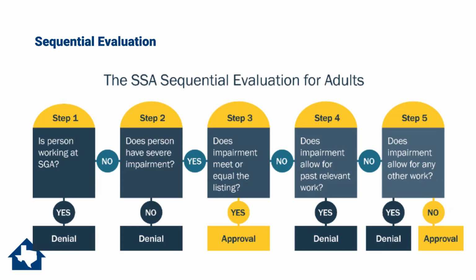If it's yes, it will be denied because I can go back to work, typically from their perspective. If it's a no, then they start to look at whether I can work in other fields to have substantial gainful activity. If it's yes, typically it's a denial, or no, there's an approval. This is a very simplified version of how SSA makes these determinations.